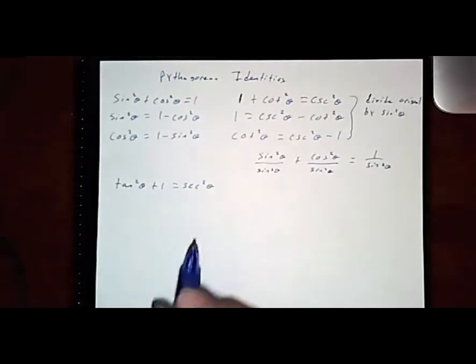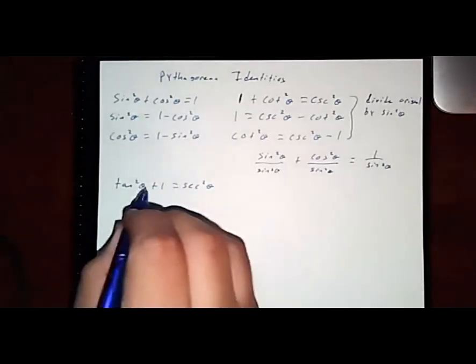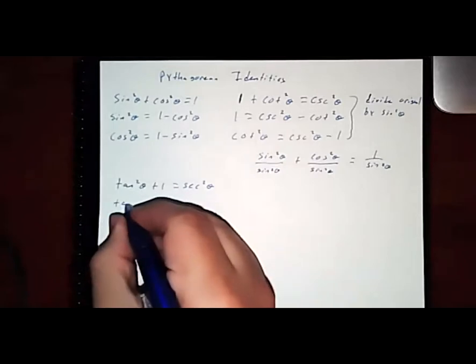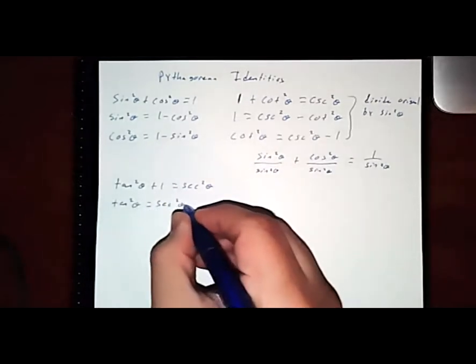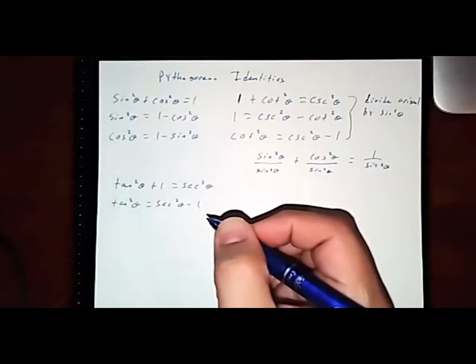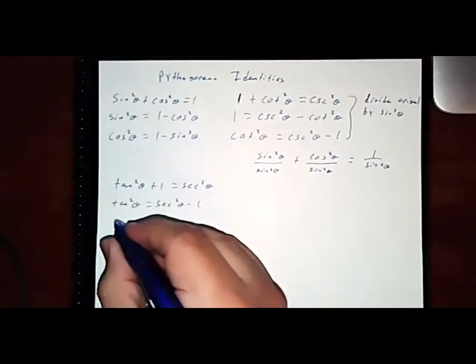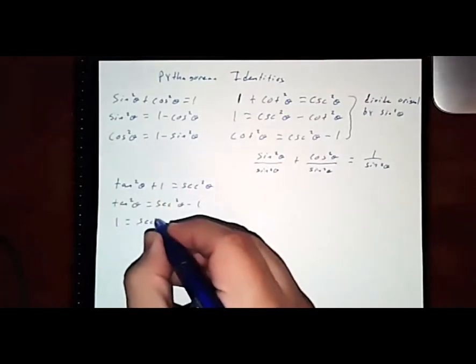Now move that stuff around and you can create 2 more formulas. So if I subtract the 1 over, I get tangent squared theta equal to secant squared theta minus 1. Now if I subtract the tangent, I get 1 equal to secant squared theta.